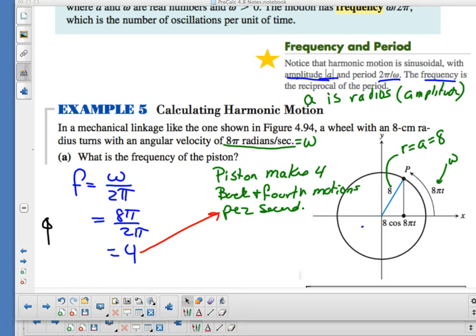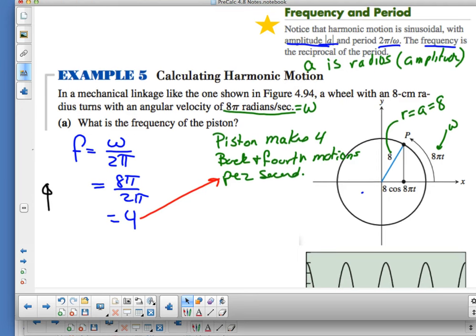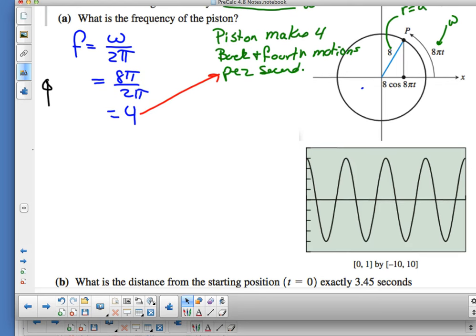Now let's talk about our model itself, because I've given all the information in there, and because of the picture I have in my graph, and you guys have this same picture, I'm going to use cosine. And the reason why I'm going to use cosine is starting up here.